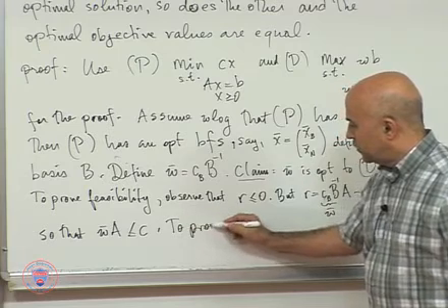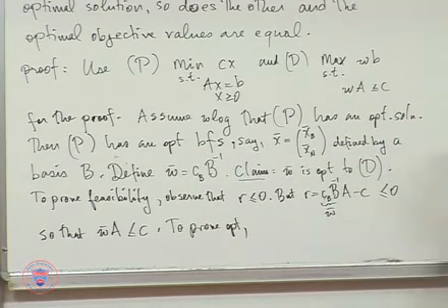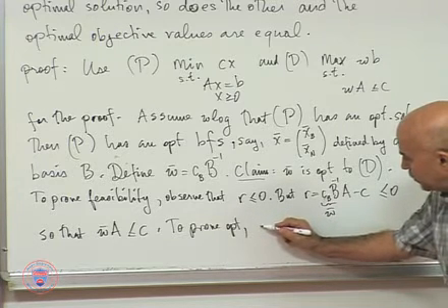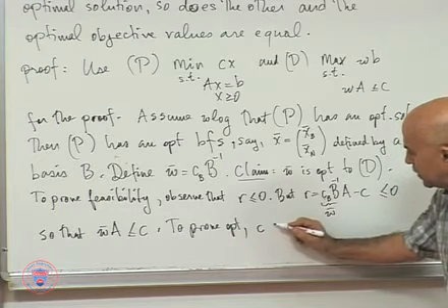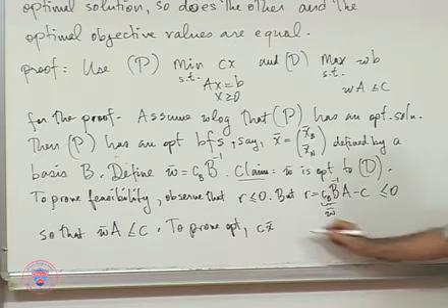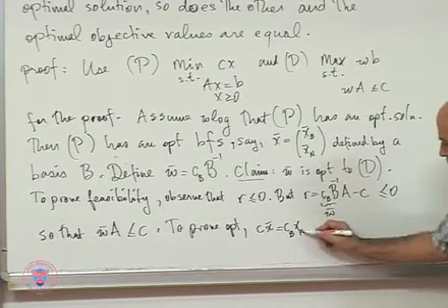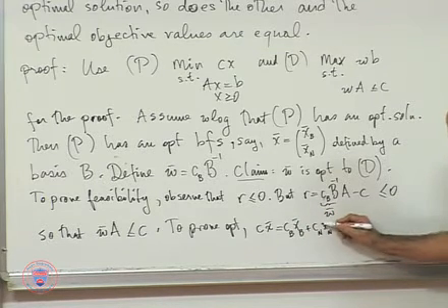To prove optimality, let's take the objective value defined by the solution on hand, x bar, which is Cx bar. That's your Cb xb bar plus Cn xn bar.